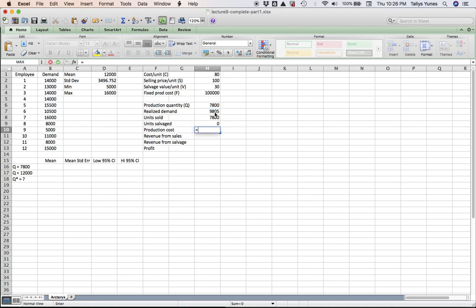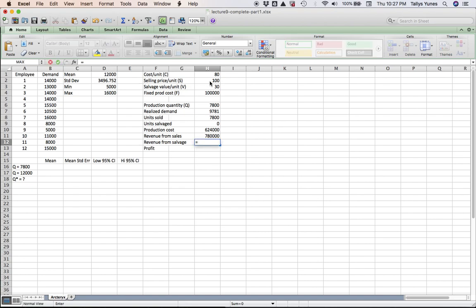Production cost, that's going to be however many units I make times what it costs to make them. Cost per unit 80, right? So 80 times the quantity Q. Revenue from sales will be, well, how many did I sell down here times what I sell them for, 100, right?